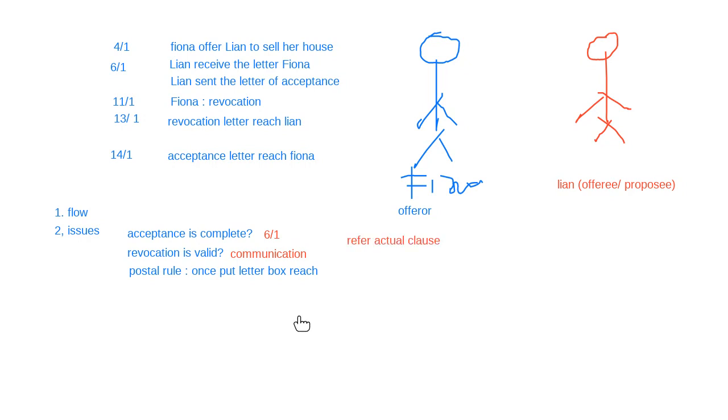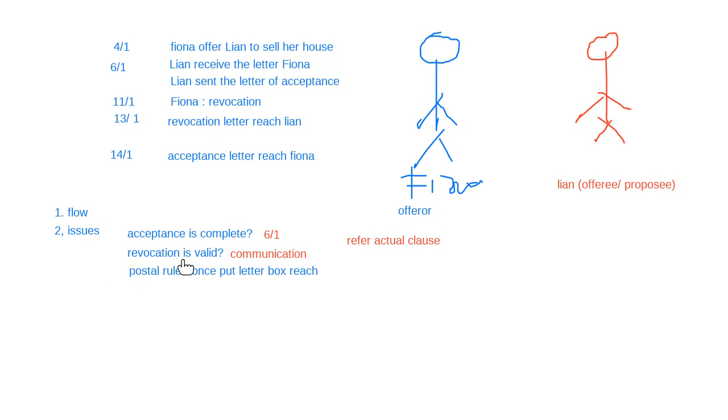Same thing when you want to answer regarding section 7. Section 7A, section 7B is also referring to the acceptance. So you can write down this is the issue, what is the definition of acceptance, and then what clause you have to refer to, then refer to the scenario. Same goes for revocation.